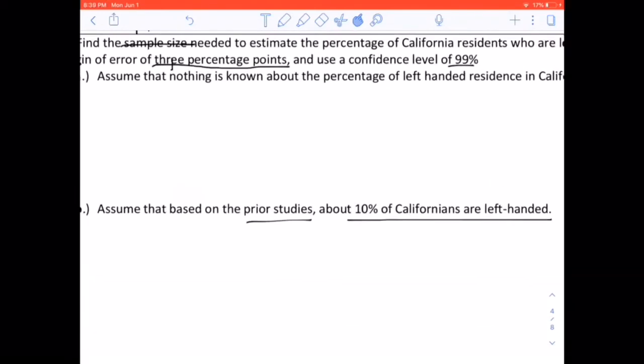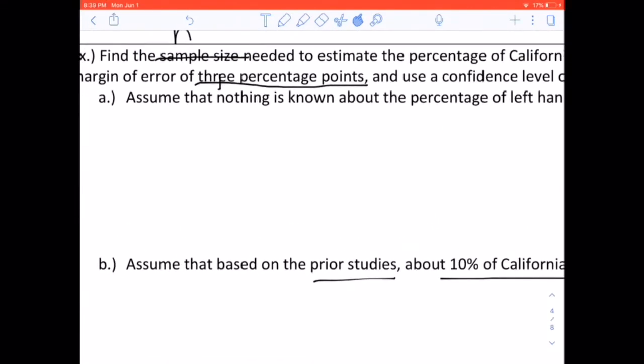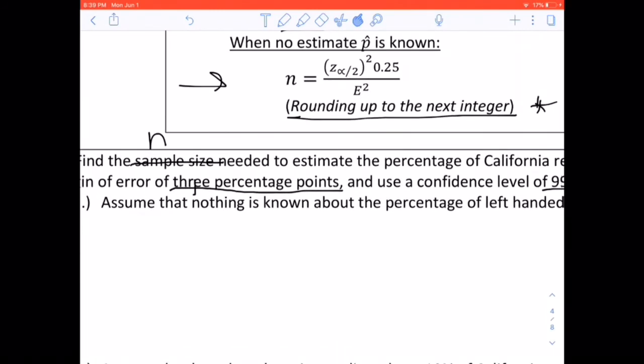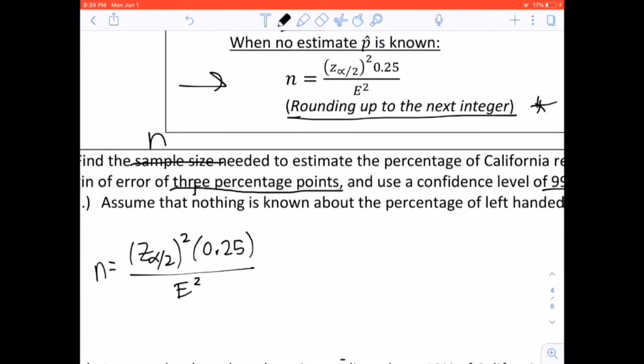So I'm going to go ahead and look at A, where it says assume that nothing is known about the percentage of left-handed people in California. And so since we don't know anything, I'm going to be using the second equation on here. I'm going to go ahead and copy that down. And so we have n equals z alpha over 2 squared times 0.25, all divided by e squared.